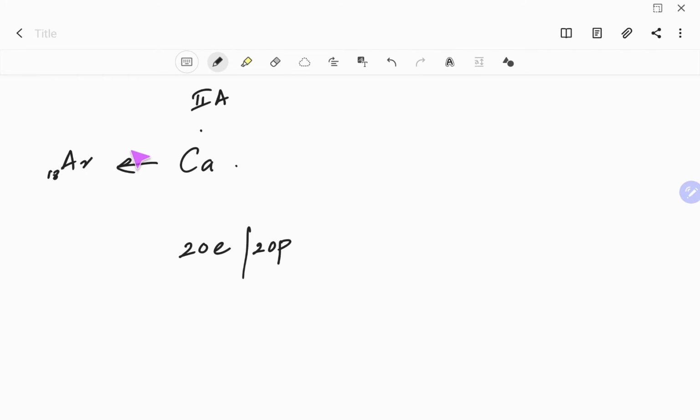So if you lose 2 electrons, then you can achieve the electron configuration of argon. Or the other option is actually to gain 6 more electrons and then achieve the noble gas configuration of krypton with 36 electrons.